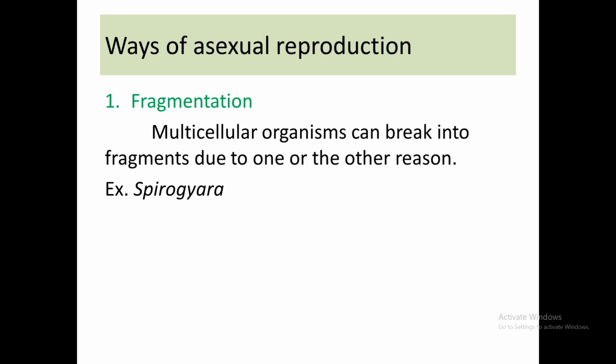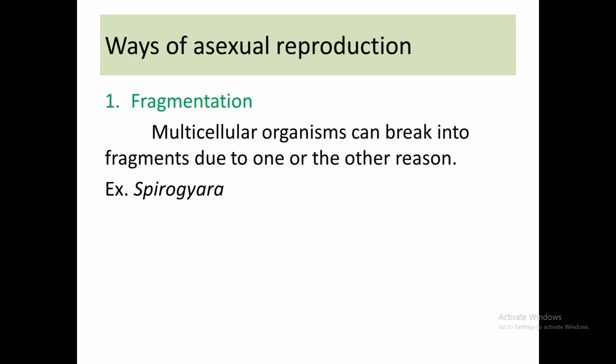Next we are going to see what are the ways of asexual reproduction. First one we are going to see is fragmentation. A multicellular organism can break into fragments due to one reason or another. Everyone is aware of what is meant by a multicellular organism: an organism having more than one or two cells.